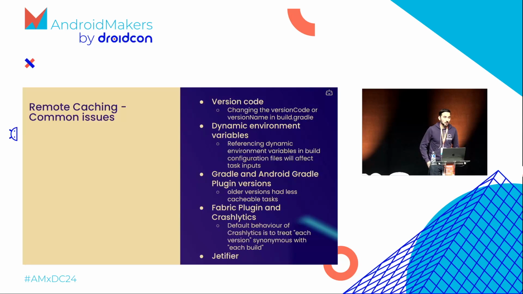So these quite heavily affect the task execution as well. If you are able to disable the Fabric plugin or the Crashlytics plugin for the test executions where you are also using remote caching, that can impact quite heavily the execution. And another thing is the Jetifier that we saw can quite heavily impact the caching success rate as well.